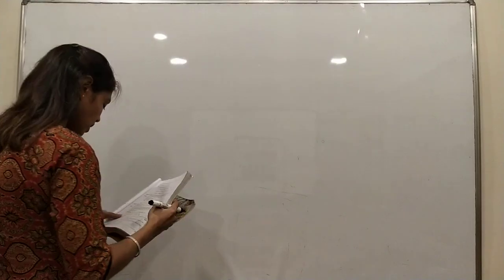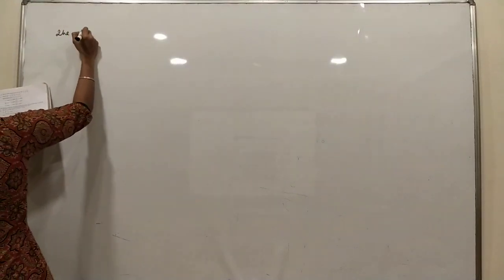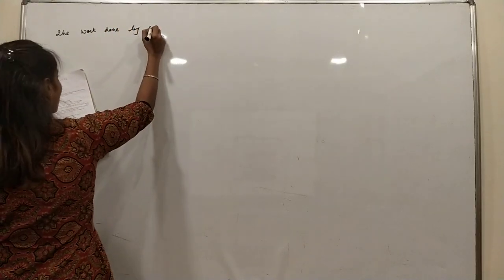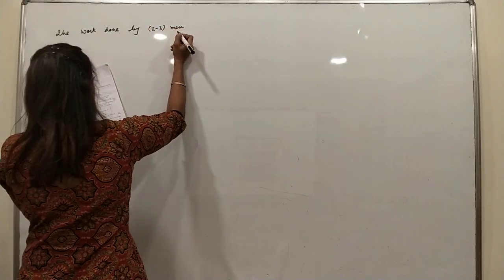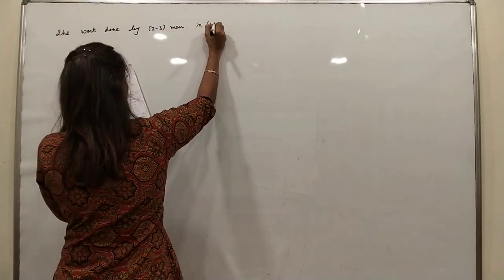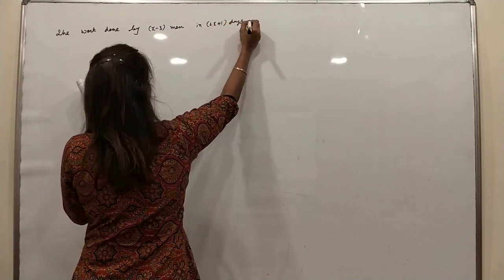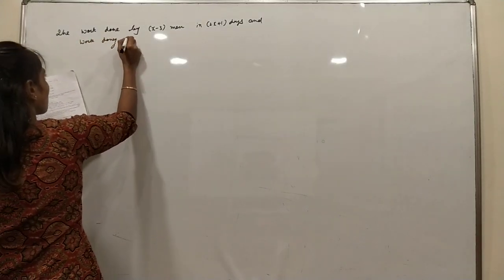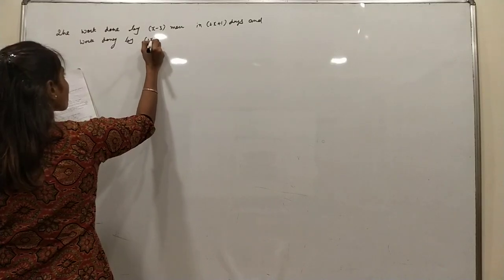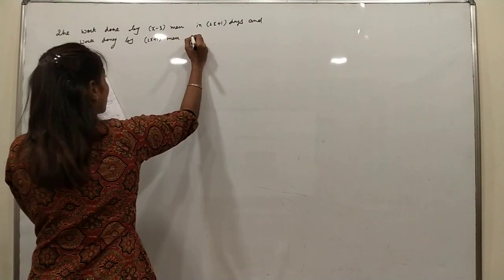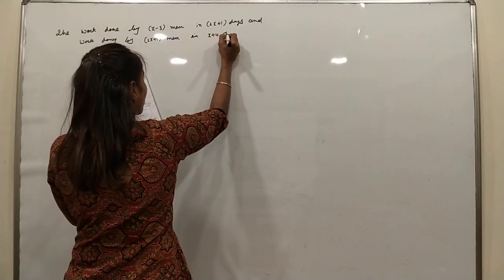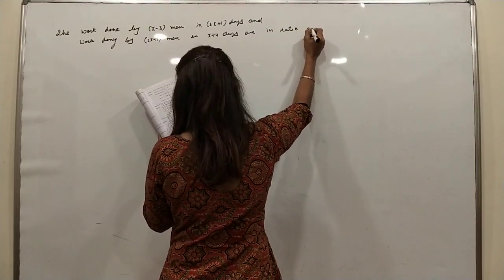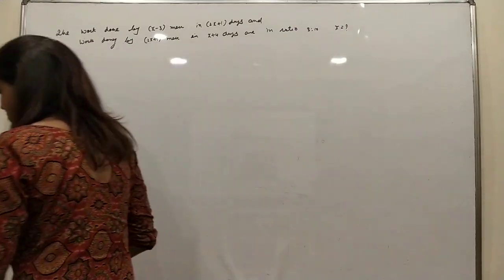Now example number 20. The work done by x minus 3 man in 2x plus 1 days, and work done by 2x plus 1 man in x plus 4 days are in ratio 3:10 and find x.